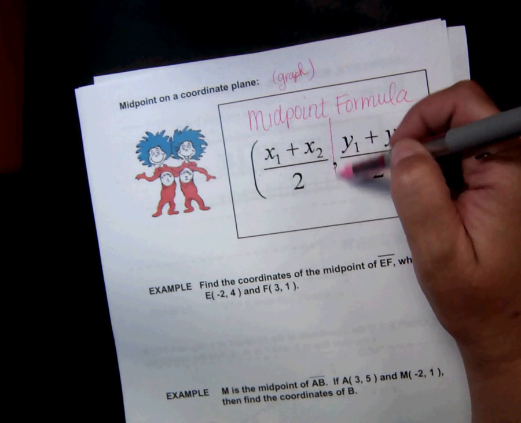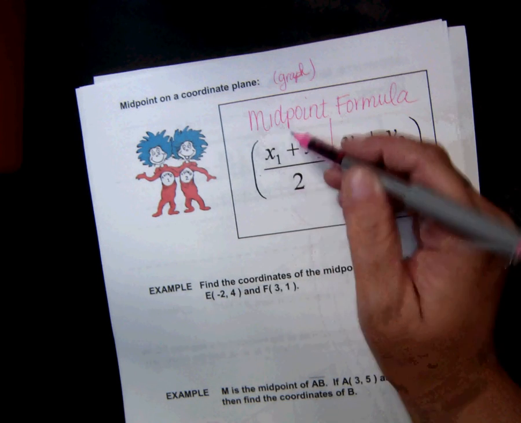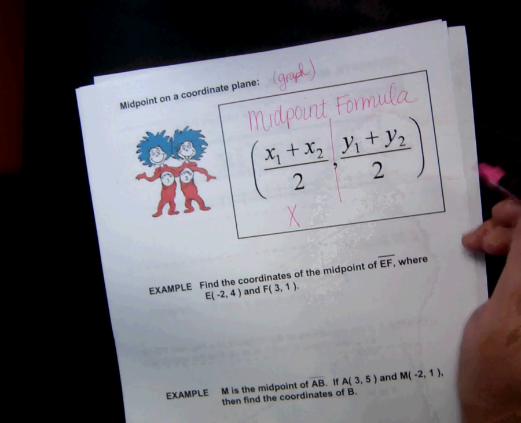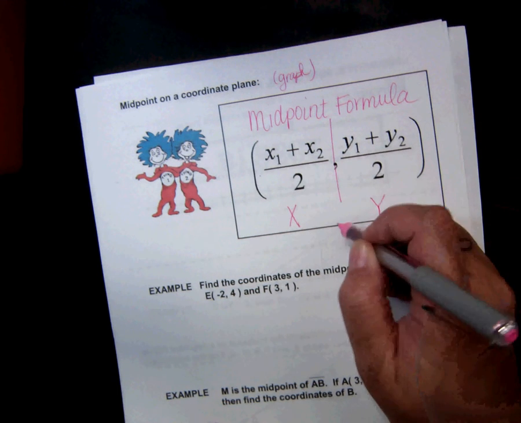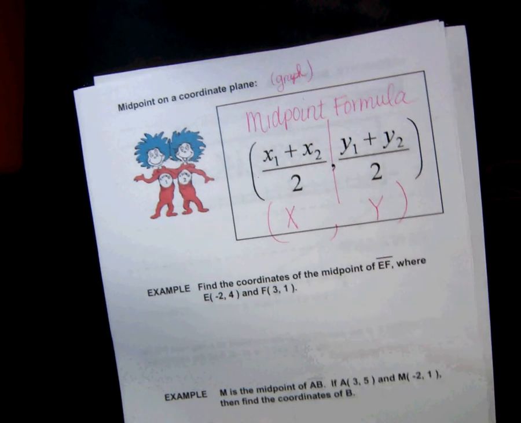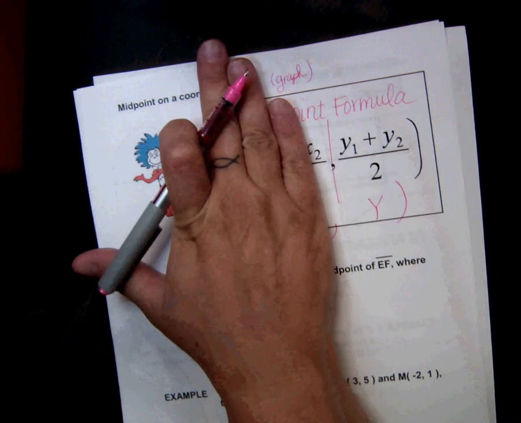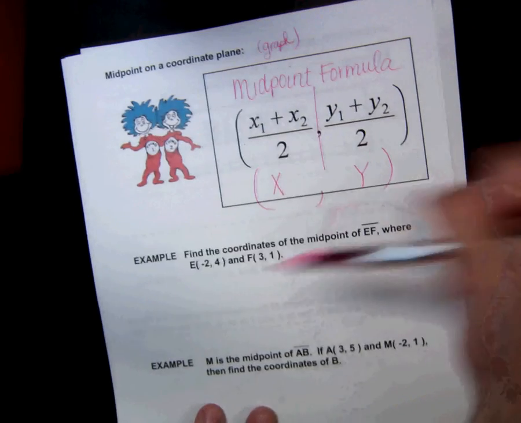This is a separation. You do this one first, and it gives you the x coordinate. Then you do your y's, and it gives you the y coordinate. So you can have your x and y for your midpoint. They are two separate ones. You don't combine them.